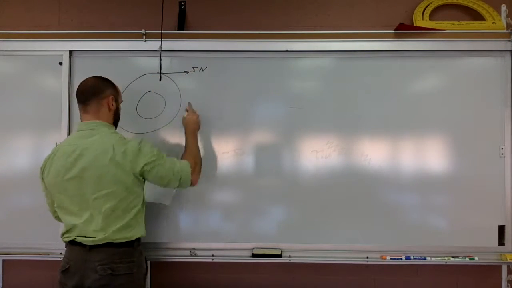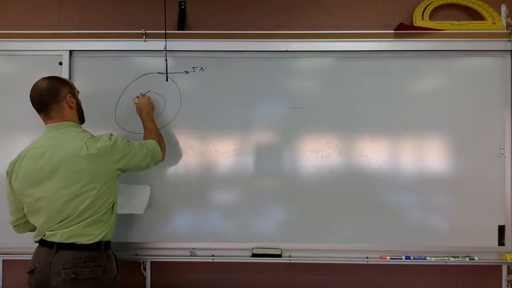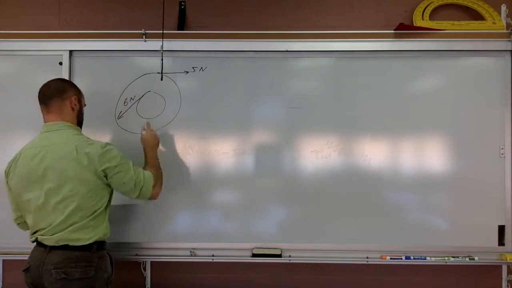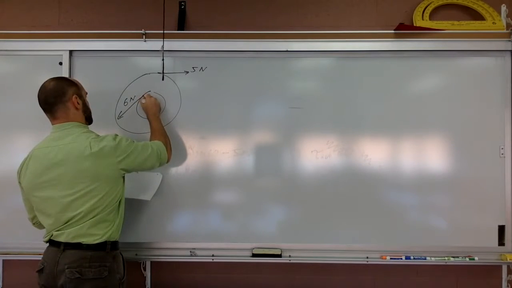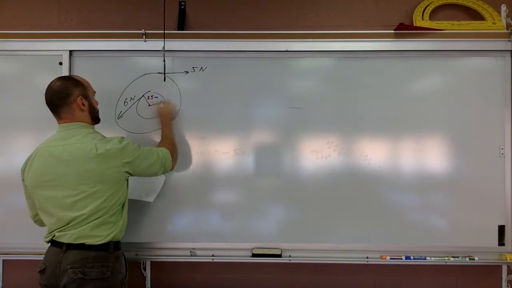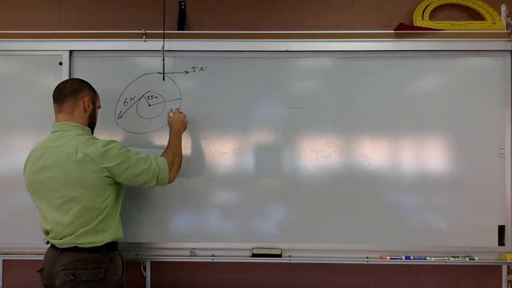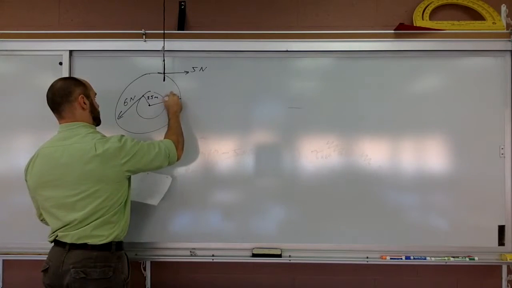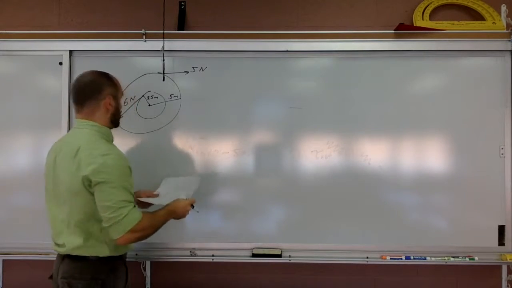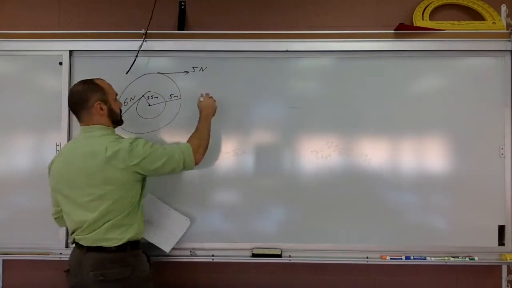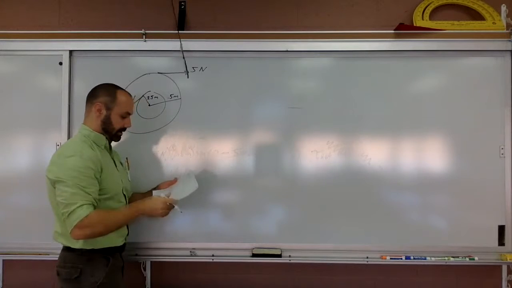This is a 5 Newton force, I'm told. This one on the inside is a 6 Newton force. This radius is 0.5 meters, and this radius is 0.25 meters. Okay, so I'm asking the net torque, right?